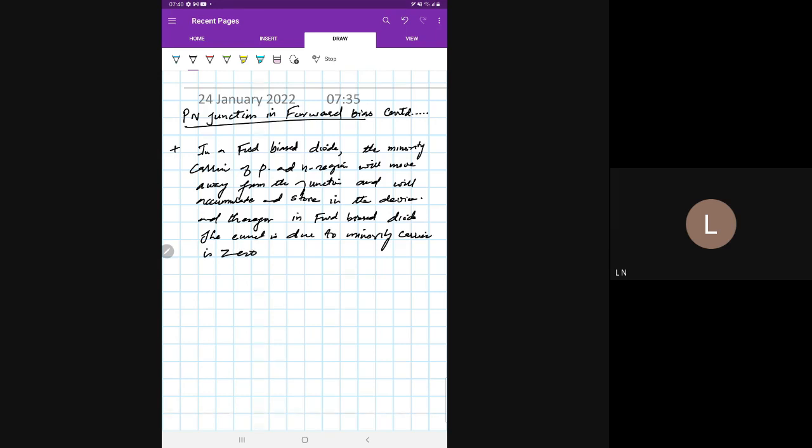Okay? The current due to minority carriers is zero because these minority carriers, from either the P side or N side, move away from the junction and get accumulated inside the diode. Therefore, they will not contribute to the current.